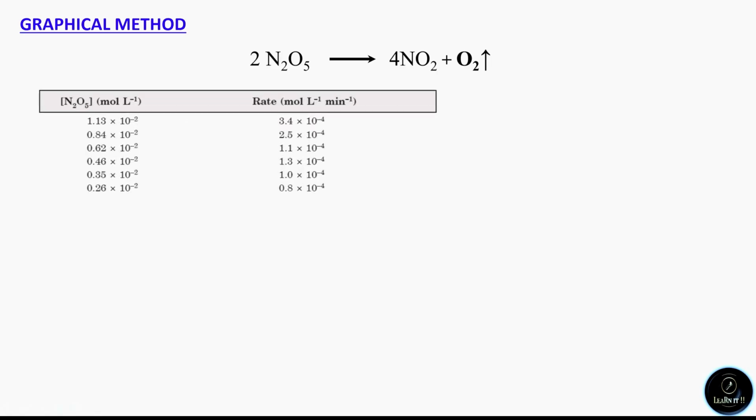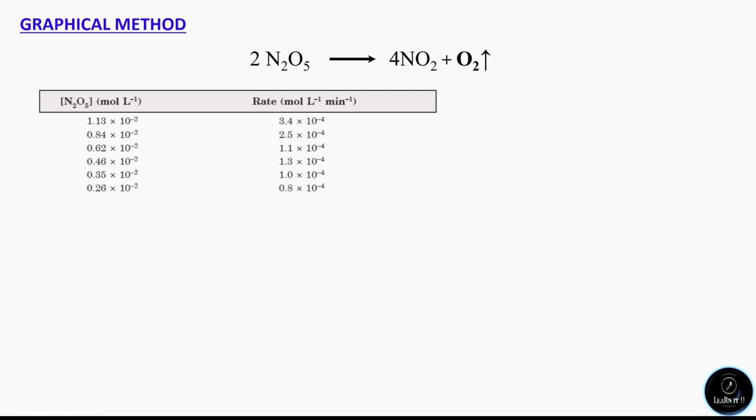So let's discuss one example in which we calculate the order of reaction by using the graphical method. The example is decomposition of nitrogen pentoxide, or dinitrogen pentoxide, and we have the rate data with respect to concentration of the reactant.